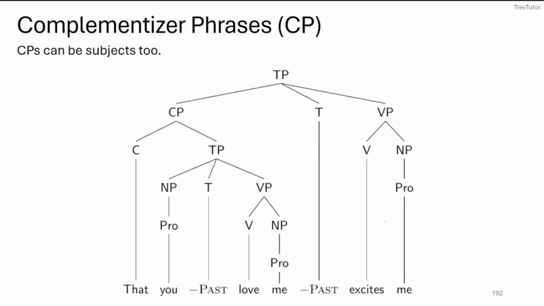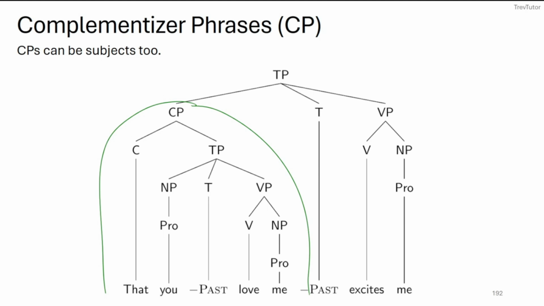So we didn't show this because it's kind of odd to have complementizer phrases as subjects, at least in spoken English, but you can have a CP subject. So that you love me excites me. So now instead of taking a noun phrase subject, we simply take a complementizer phrase as the specifier of the tense phrase. That is our new subject. So you love me is basically our subject here, but we need to introduce it with a complementizer to be grammatical.